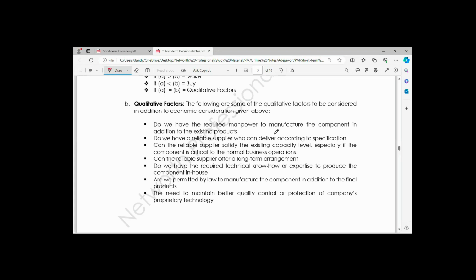Not only that, the company also needs to consider the need to protect the degree of secrecy or the proprietary information or technology underlying the company's products. Because, like I said earlier on, if your competitor gets to know about it, the company may be out of business, and that's why you have to guard it jealously.